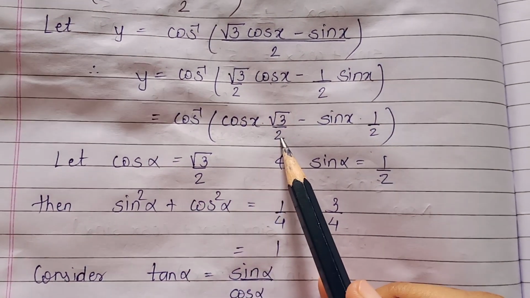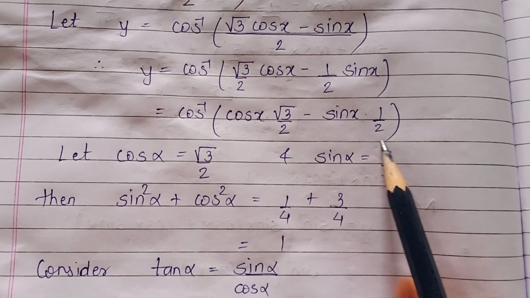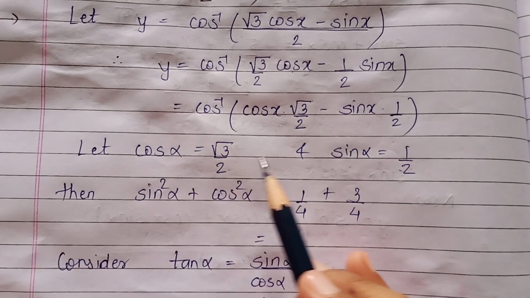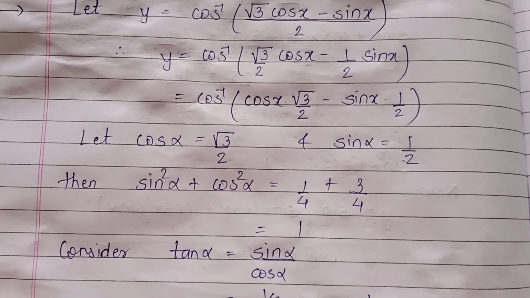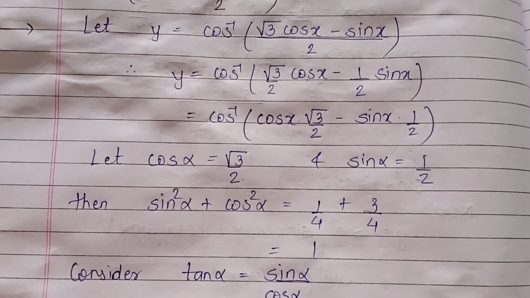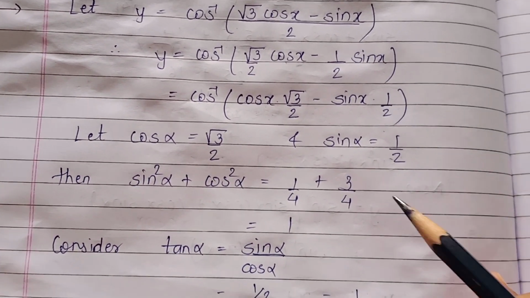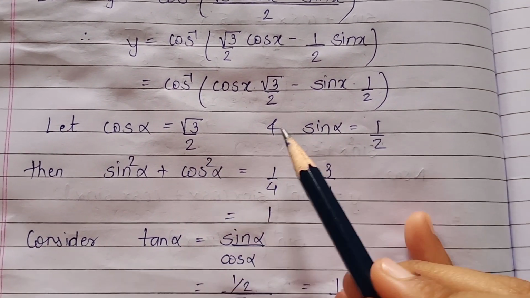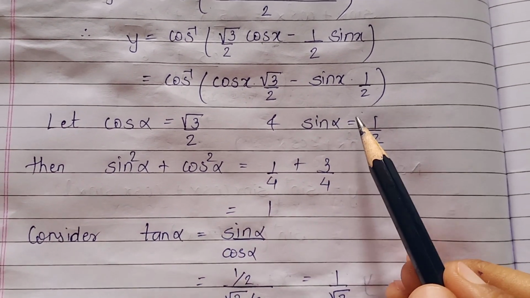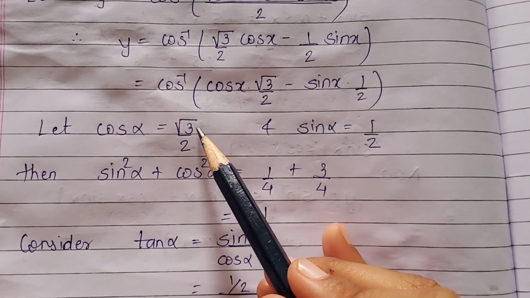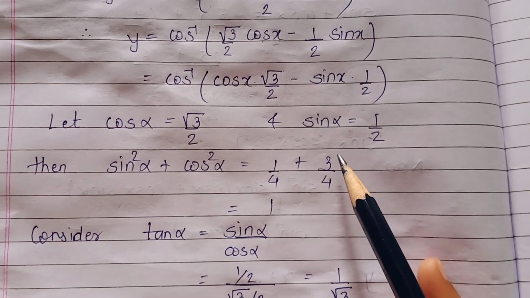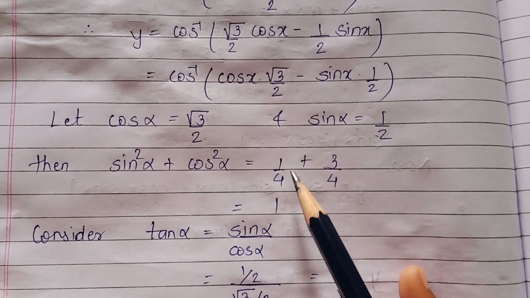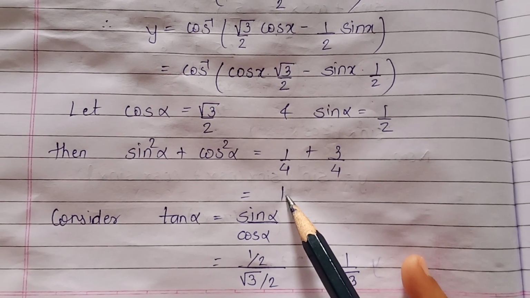Now we have to check also whether these terms are correct or not. Of course they are going to be correct, but still you have to write this quickly in every solution. No need to waste time squaring, you can directly write: 1 by 2 square will be 1 by 4 and this square will be 3 upon 4. So 3 plus 1 is 4, and 4 upon 4 will be 1. So our terms are correct.